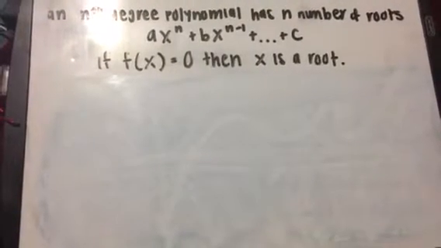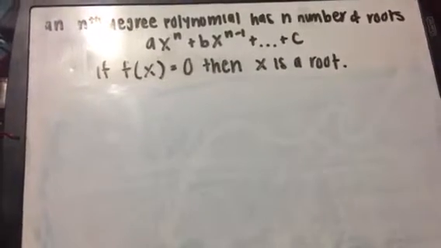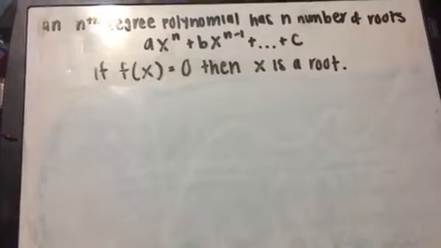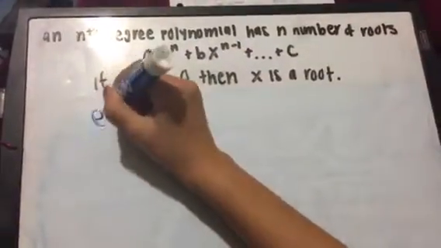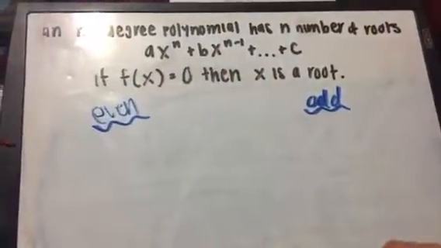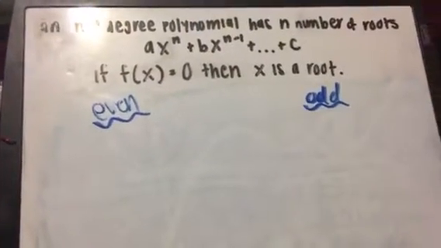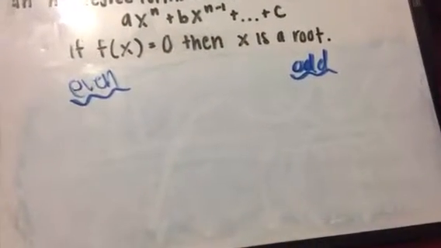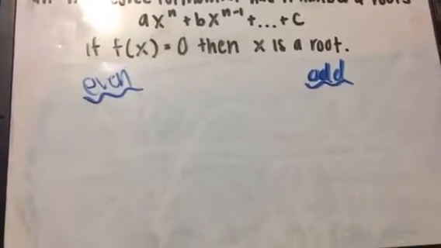The fundamental theorem of algebra has three basic principles and parts to it. The first is the difference between even and odd degree polynomials. Second is the idea of complex roots and the fact that they come in pairs and conjugates.